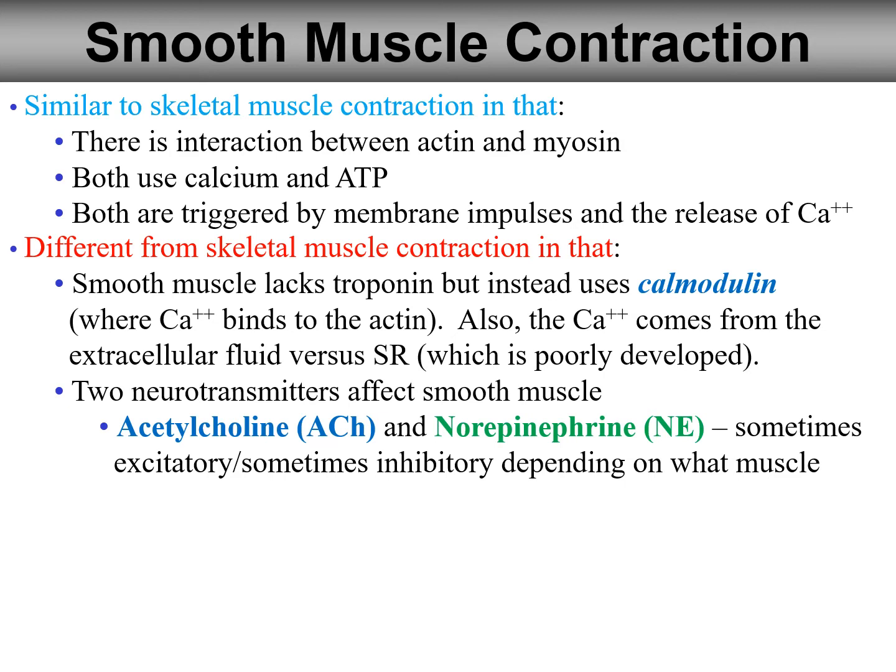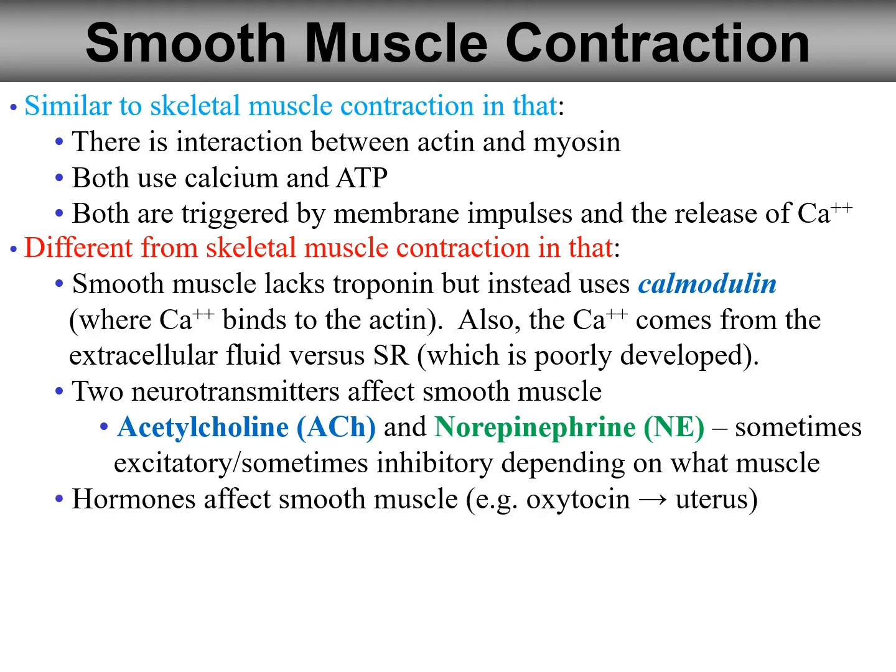And while you'll be hearing more about this coming up when you take A&P 2 in the nervous system, these two neurotransmitters in smooth muscle can sometimes be excitatory, in other words, can promote subsequent contraction, but in other situations they can be inhibitory. In other words, they can prevent smooth muscle from contracting at times. And I'm not going to get into the nitty-gritty of that right now. We won't discuss that at this point, but you'll be hearing more about it again in a later course.